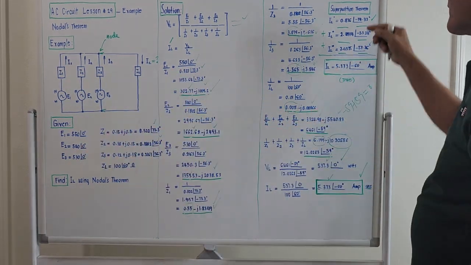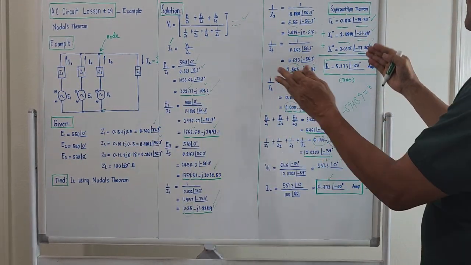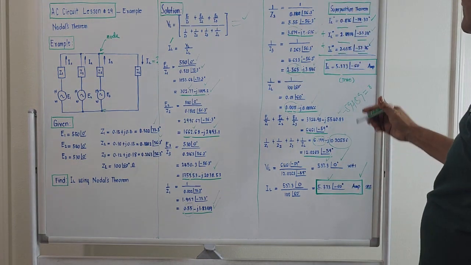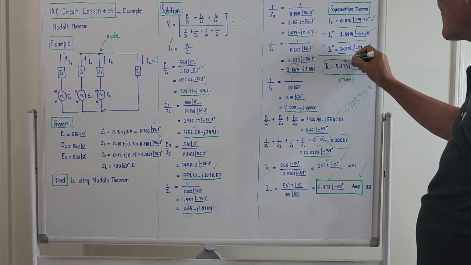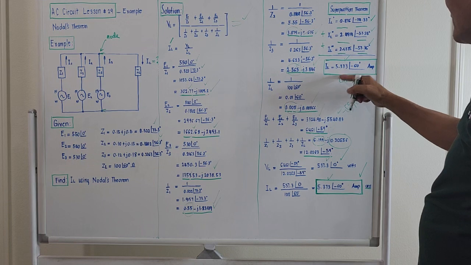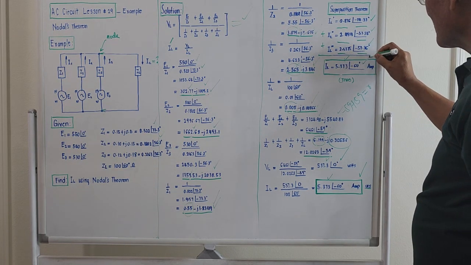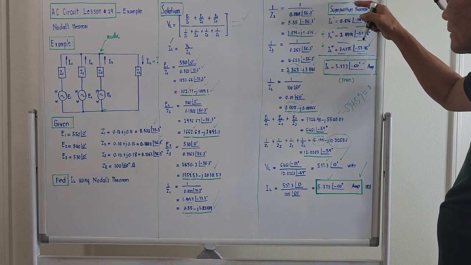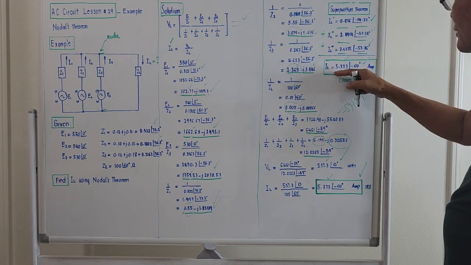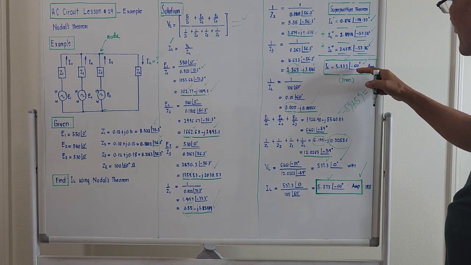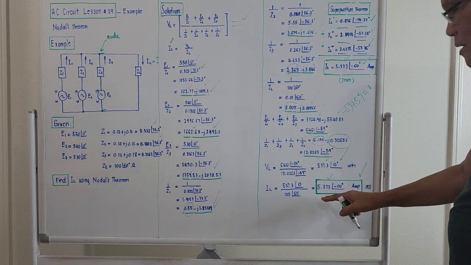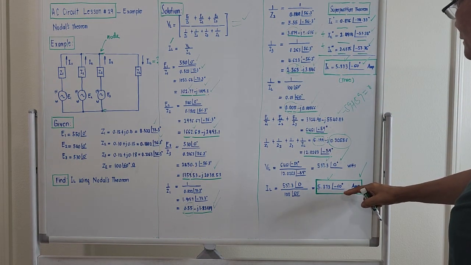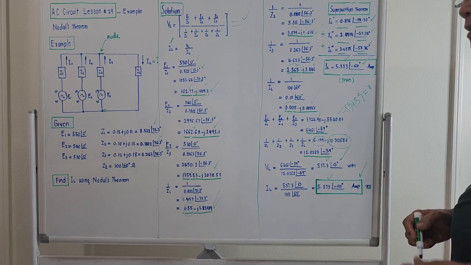I have it in my notes, I just didn't place it here. If we take the summation, the magnitude is 5.373, negative 60 degrees, amperes. So by using the superposition theorem, the current is the same, 5.373, the angle is negative 60 degree amperes.